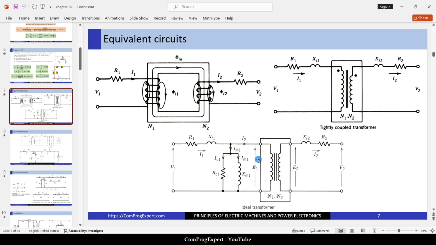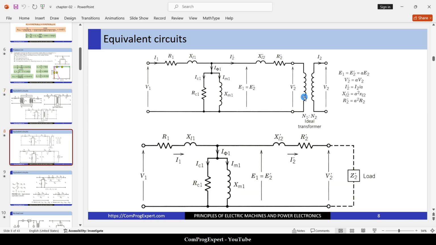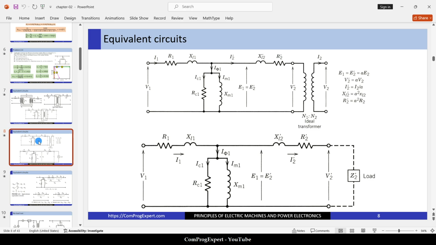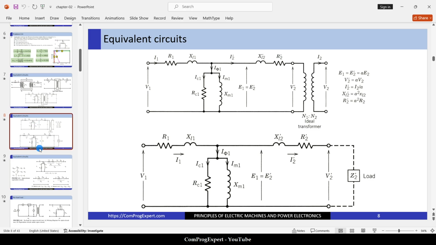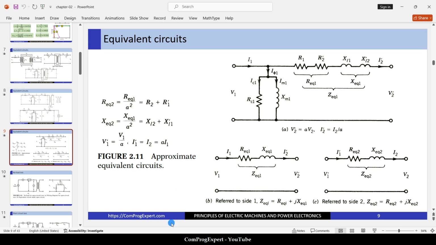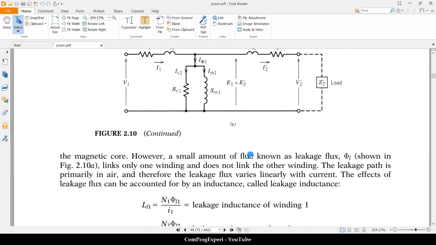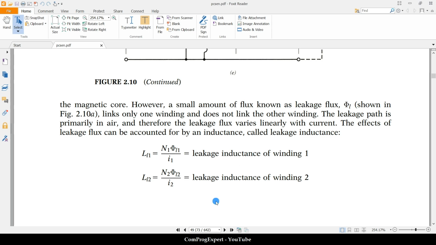So we can simplify this equivalent circuit. As you know, we can shift the elements of the secondary side to the primary side, or shift the elements of the primary side to the secondary side. Yes, we discussed this in the chapter. You can review the chapter again.